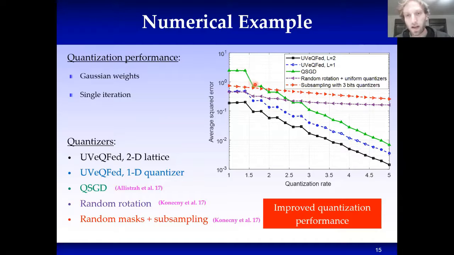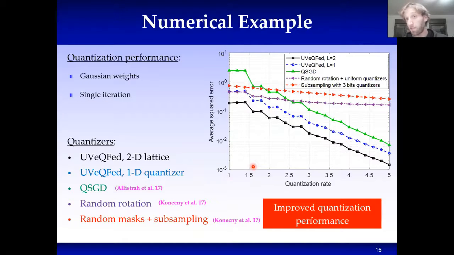And this is QSGD, quantized SGD, a leading approach which is based on non-subtractive scalar dithered quantizers for federated learning. And the blue curve here is our performance with one-dimensional lattices, and the black curve is the distortion induced with two-dimensional lattices. And we can see that the distortion is smaller.